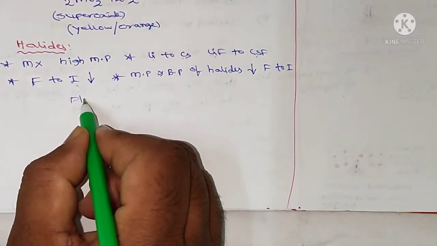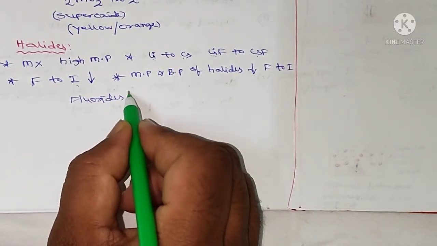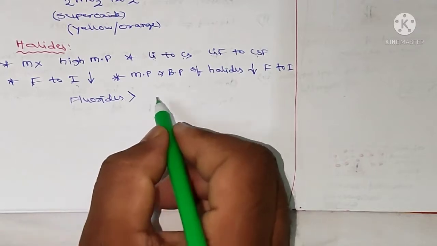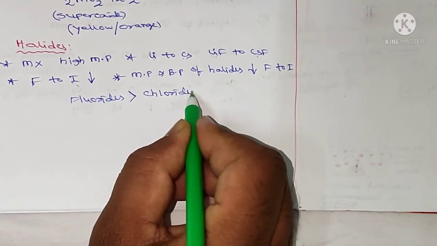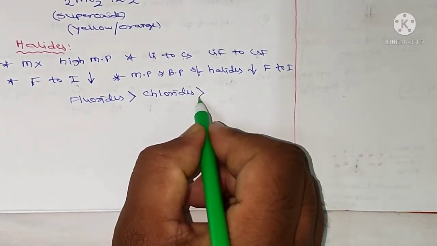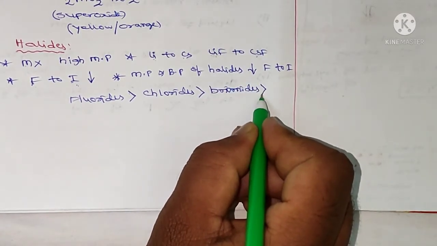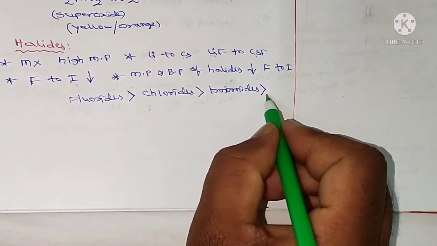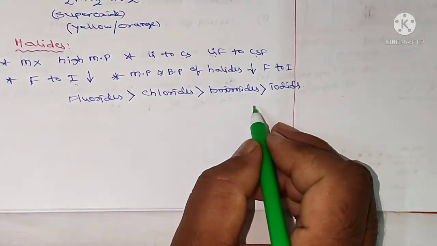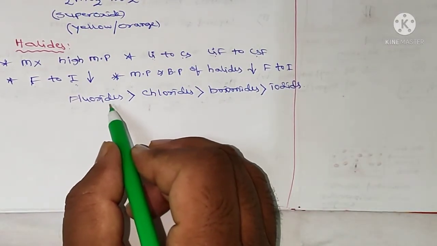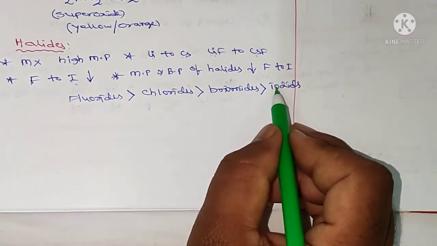So the fluorides have higher melting and boiling points than chlorides, the chlorides higher than bromides, and the bromides higher than iodides. So the melting and boiling points of halides decrease from fluorine to iodine.